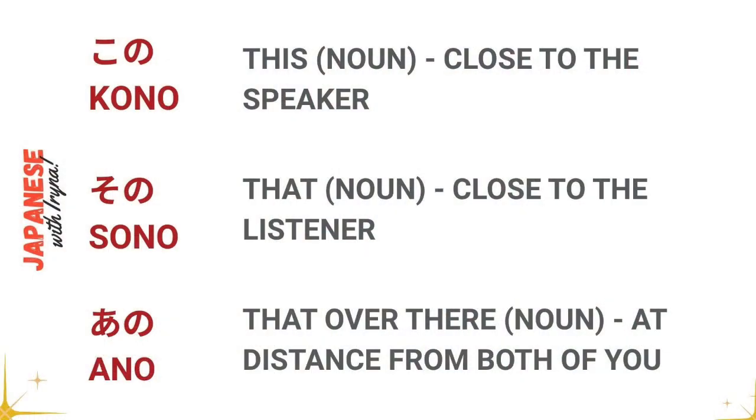Kono, this noun, close to the speaker. Sono, that noun, close to the listener. Ano, that over there noun, at distance from both the speaker and the listener.